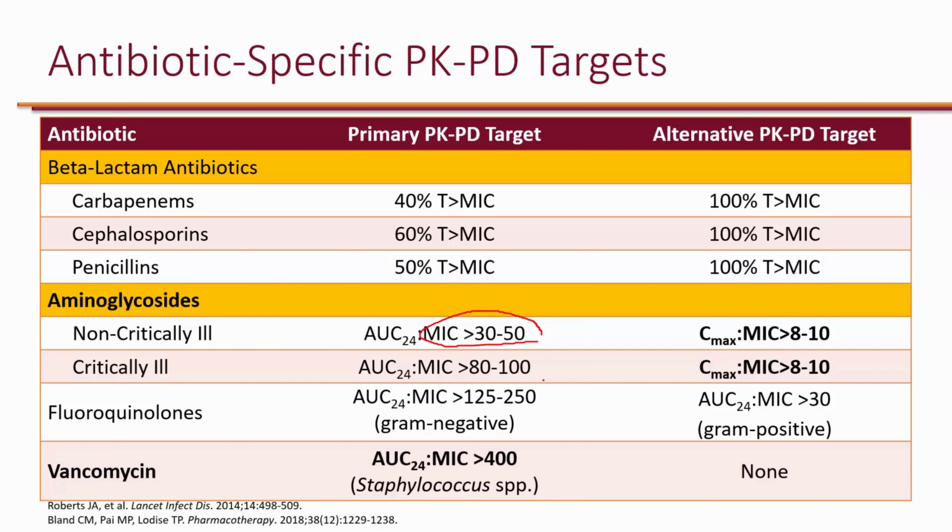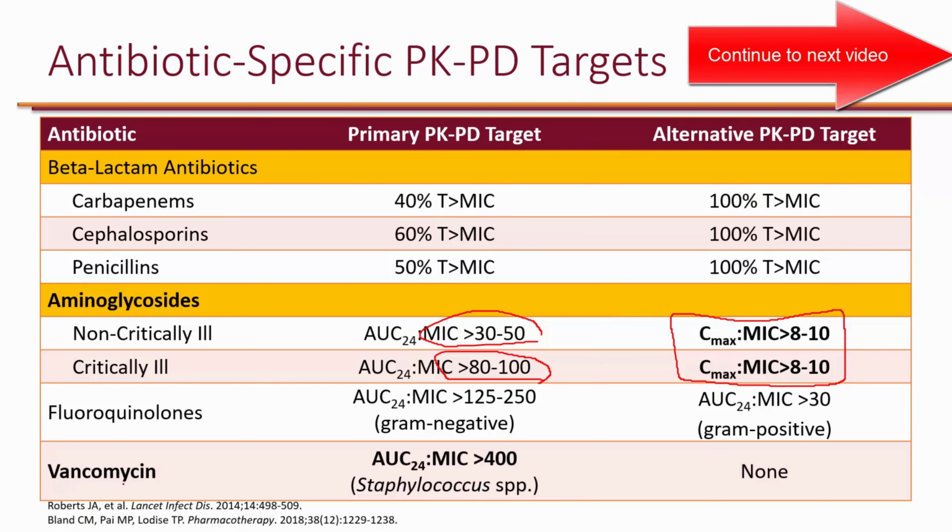However, doing AUC to MIC at the bedside is not practical, so most clinicians actually use the peak to MIC, because you can easily get the peak level, and once you have the MIC, you can see if it's 10 times the MIC. So for the purpose of this class, we're going to use the peak to MIC for our monitoring of aminoglycosides. And we have another day dedicated to vancomycin calculations, which we will discuss at that time.